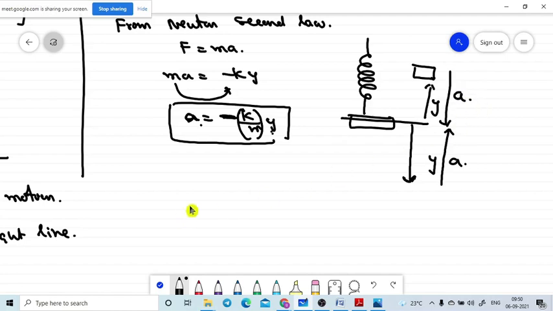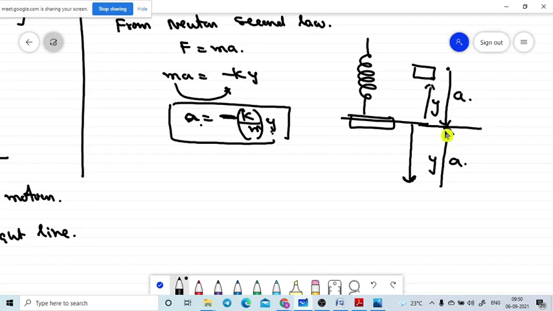So in this position also, the acceleration is trying to come to the mean position. In this direction also the acceleration is trying to reach the mean position. That means the direction of the acceleration is always towards the fixed point or mean position. Are you getting it?